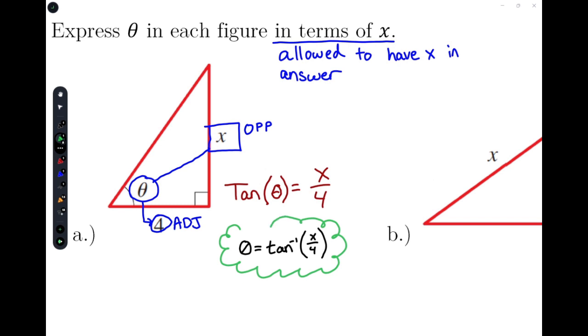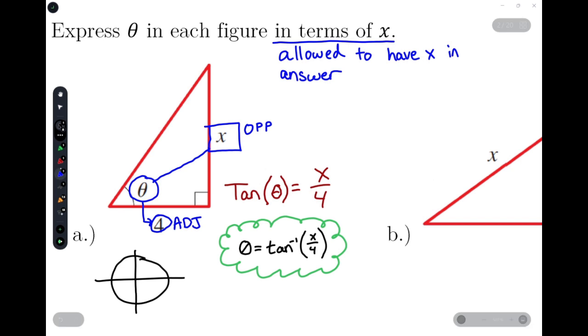Might be worth thinking about the domains of arc functions, not for this problem because it doesn't ask you for it, but we did talk about them a little bit. So that's the answer? Yeah, theta is the answer. Express theta in terms of x. You've got a thing you can type in your calculator to find theta, depending on what that side is.